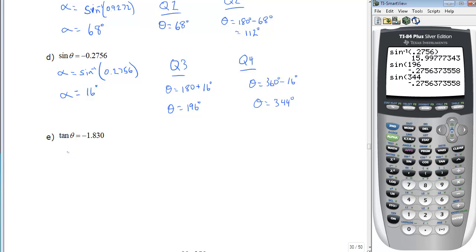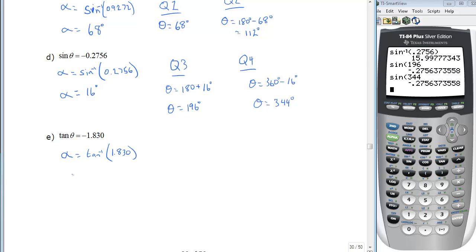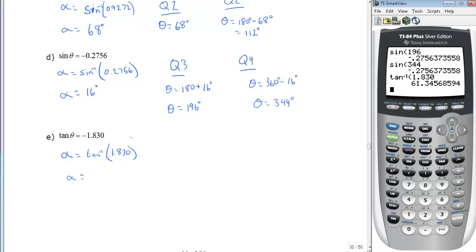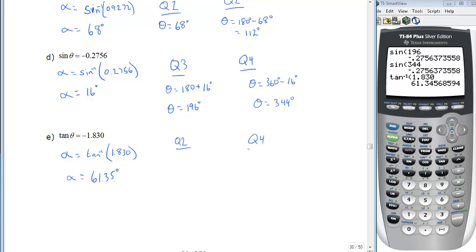And so our final example then, reference angle, tan inverse of, and again we're going to ignore the negative because we just want the reference angle first. So we can ignore the negative to get the reference angle in quadrant 1. So tan inverse gives us 61.35, rounded to 4 digits. Tan is negative in quadrant 2 and quadrant 4.